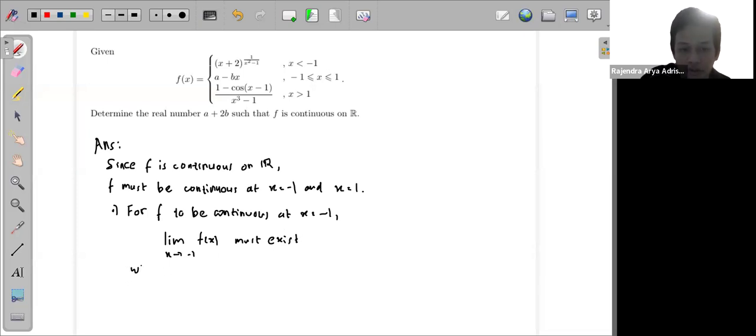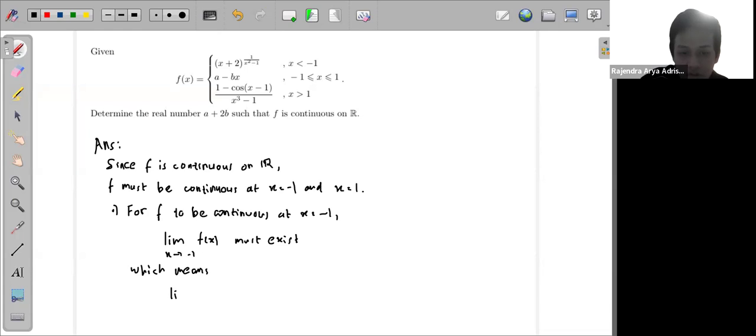And that statement also means that for this limit to exist, it must be unique, right? So the limit from left and the limit from right must have the same value.